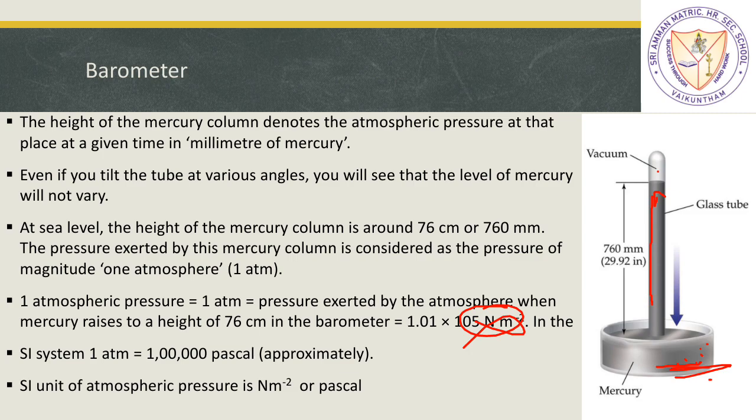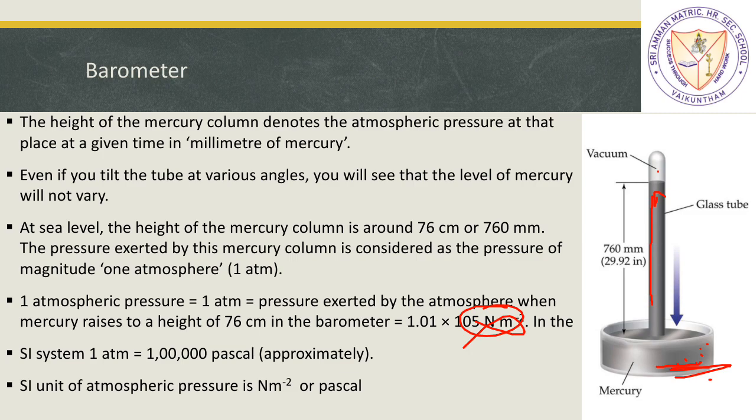Sorry, I said the SI unit is 1 atm, it is the SI system I meant. In terms of the SI system, 1 atm will be equal to 1 lakh pascals, and the SI unit is Newton per meter square, that is nothing but pascals.